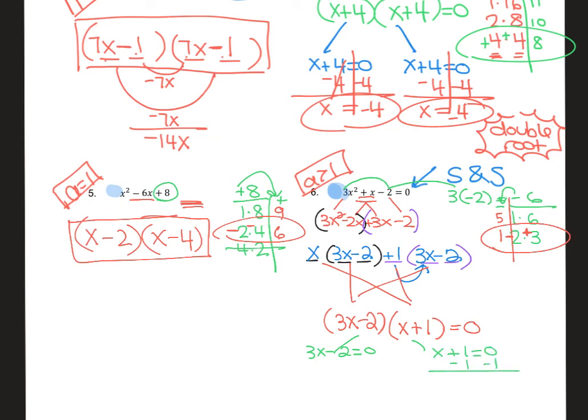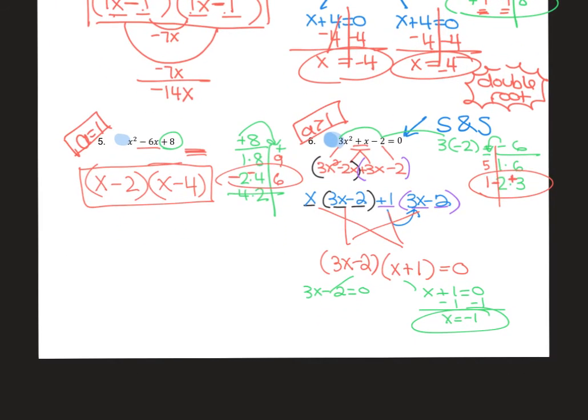So I subtract 1 from both sides, and I get x equals negative 1. Ooh, this one's going to be tight, space-wise. All right, I add 2 to both sides. I get 3x equals 2. I divide both sides by 3, and I get x equals 2/3. And I'm all done.